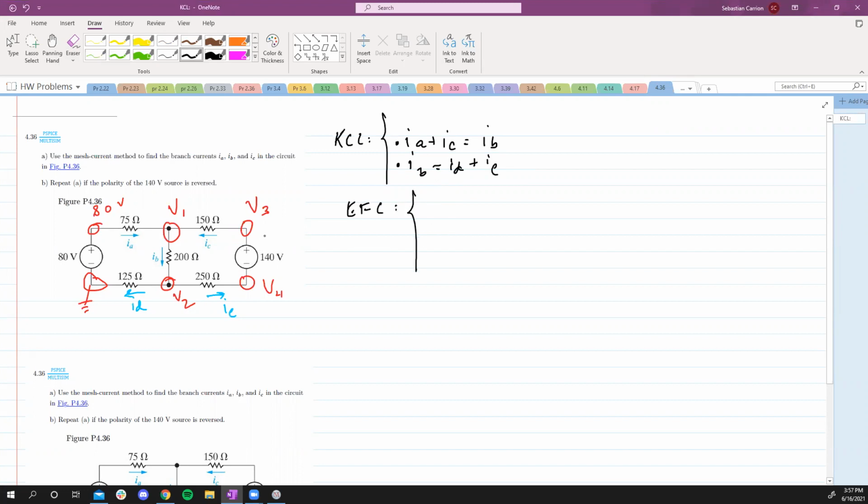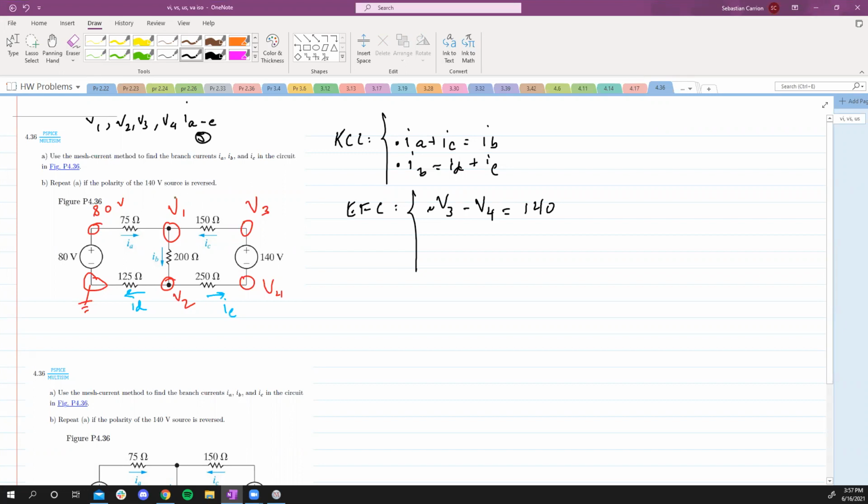So we know that V3 minus V4 equals 140. So that's another equation. So we have V1, V2, V3, V4, IA through IE.